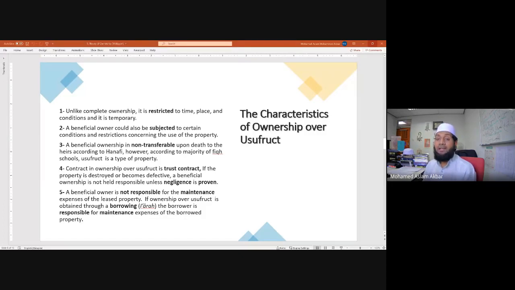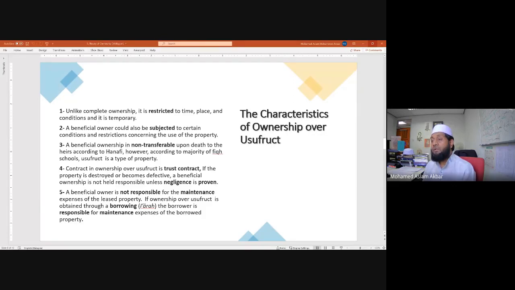If it is proven that this problem started because of the tenant, because of the one who took your car and is the reason why this accident happened, if this negligence is proven, then of course the beneficial owner, the one who rented your car and your house, will be responsible for it. Otherwise, in normal circumstances, it goes back to the owner.